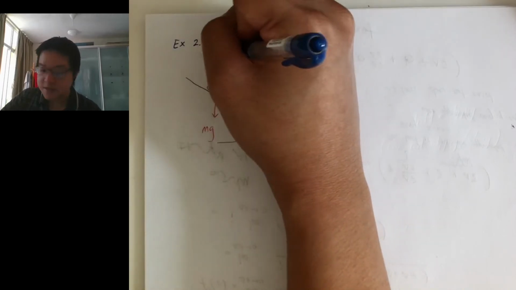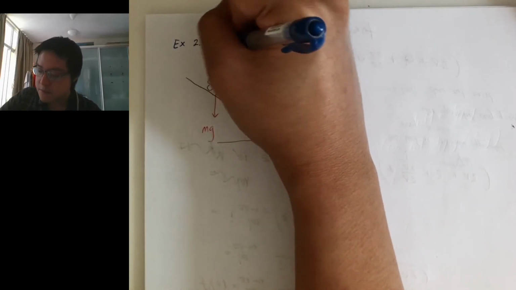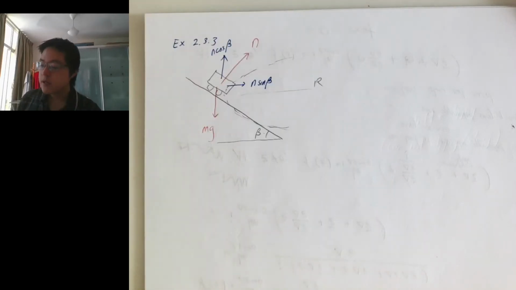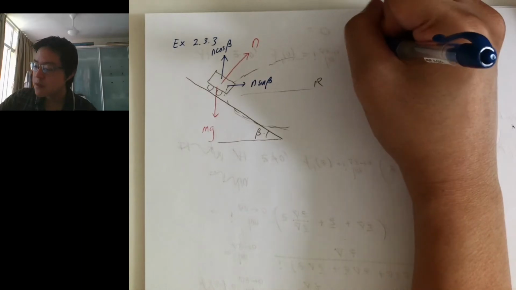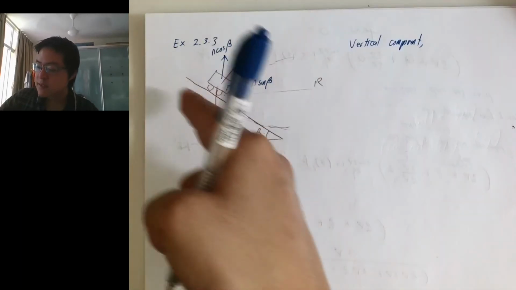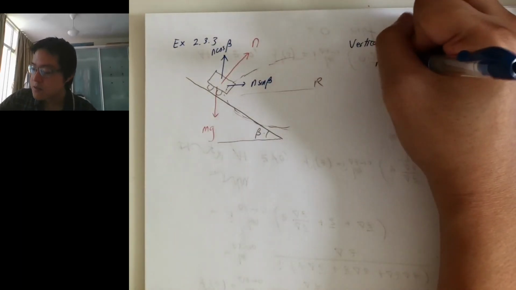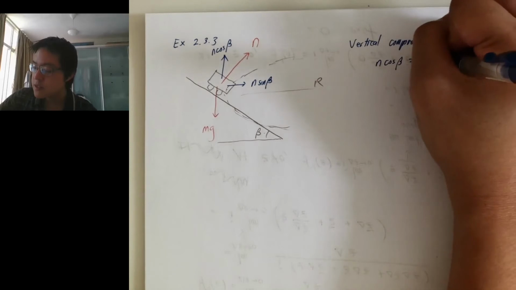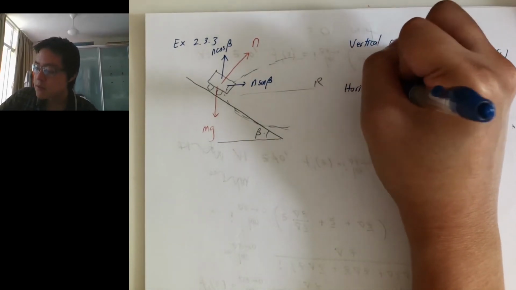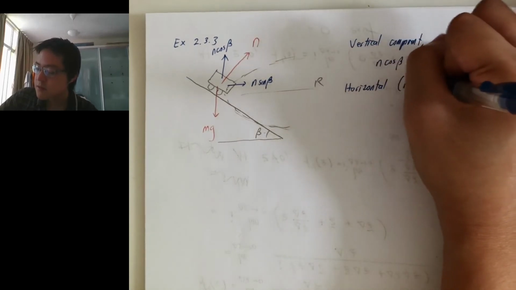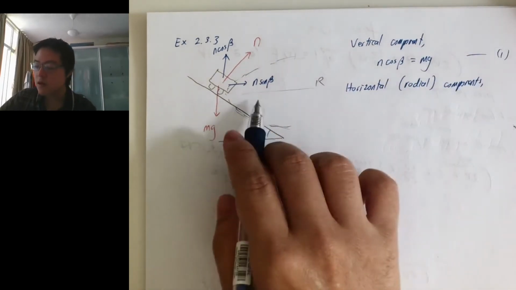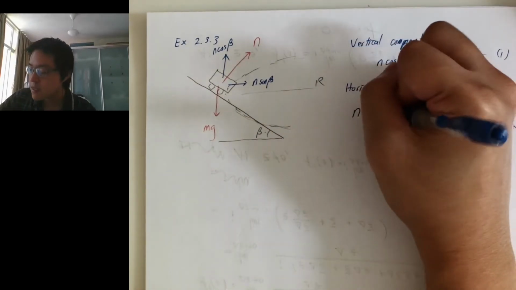If I resolve this way, I get n cos beta. If I resolve the other way, I get n sine beta. The vertical component tells us that n cos beta is equal to mg. This is my first equation. Then the horizontal component, which is also the radial component, tells us that the only horizontal force is n sine beta.